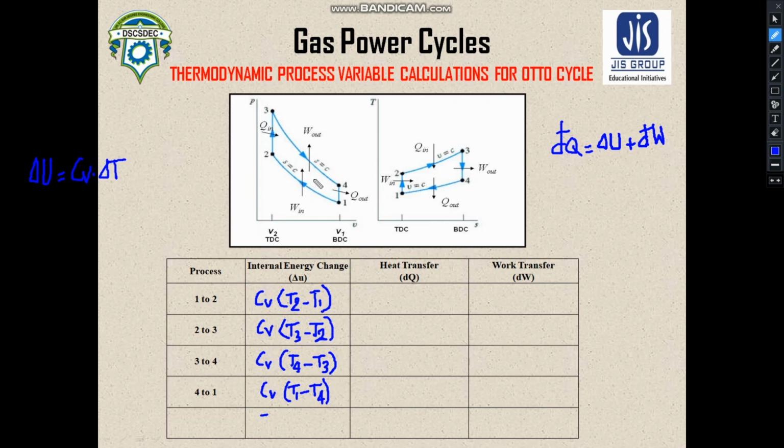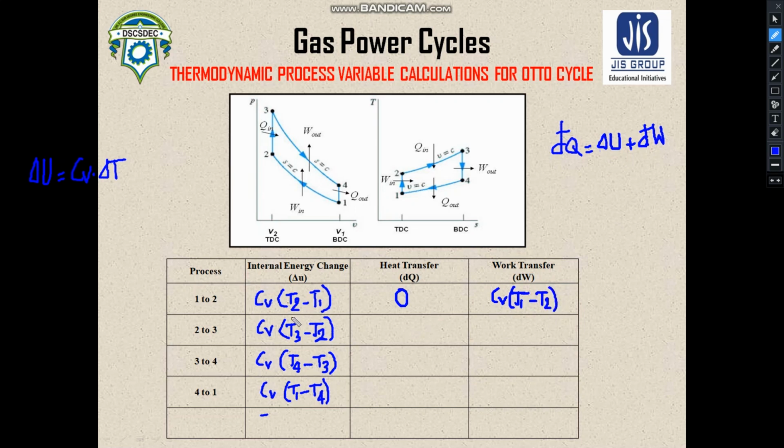That means it is an adiabatic process which is happening in a reversible way. For an adiabatic process, there is no heat transfer involved, so you can simply write 0 over here. Now if this becomes 0, that means dw would be minus of delta u. Very simple. So you can write Cv into T1 minus T2. Very easy to write.